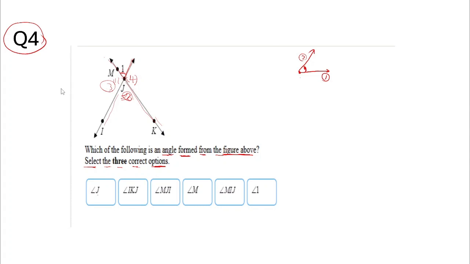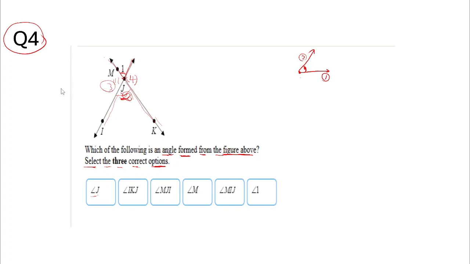Okay, let's see which angle. Let's say angle J. Okay, I have KJI, and this is the endpoint. So this is right. The angle can be named by, for example, let's take this one.